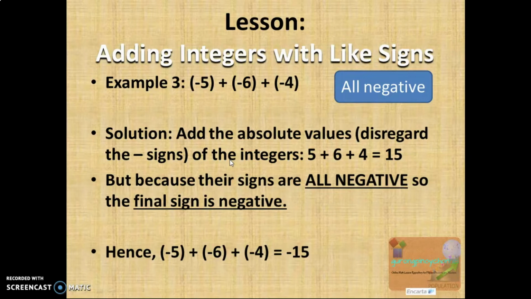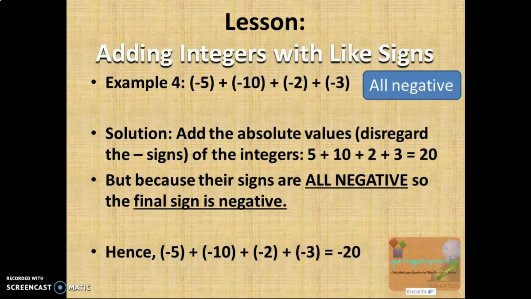So, we have 5 plus 6 plus 4 equals 15. But because their signs are all negative, the final sign is also negative. Hence, you have negative 5 plus negative 6, that is negative 11, plus negative 4, the final answer is negative 15.